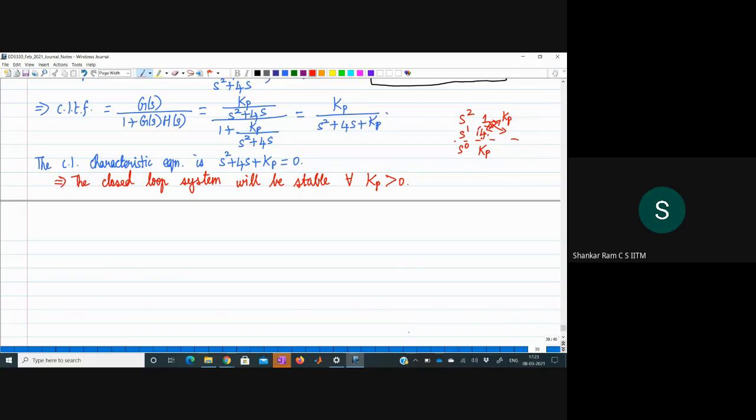That's something we can immediately recognize from this particular derivation. If I plot this controller parameter space, if this is 0, we see that for all Kp greater than 0, the closed loop system is stable. So the feasible range of Kp is between 0 and infinity for stability.